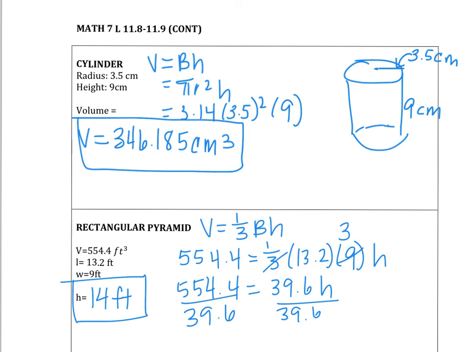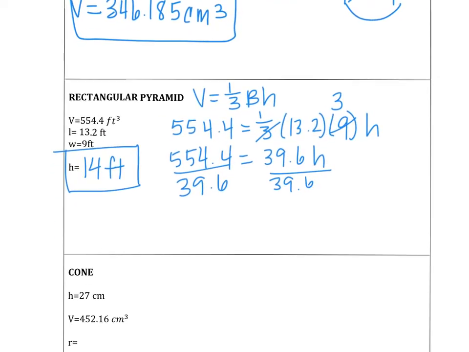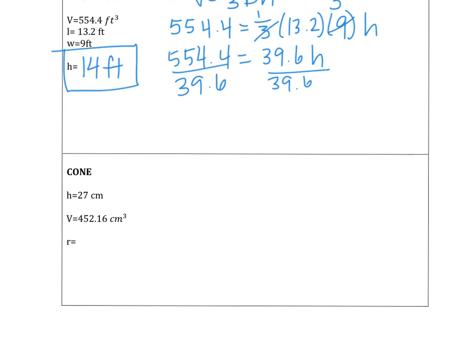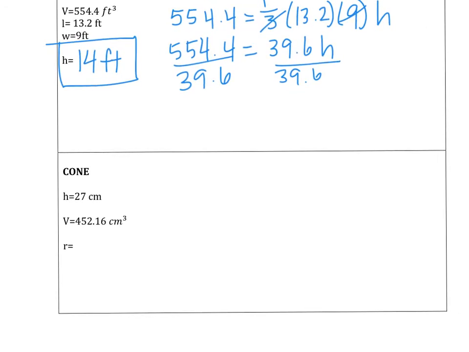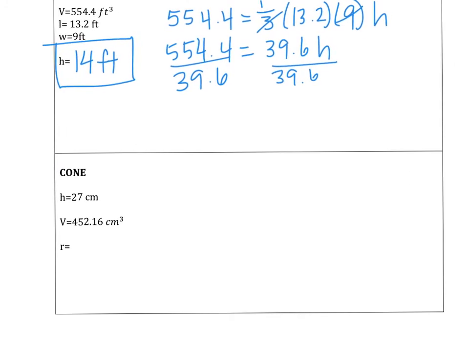Okay, and our last one, we're going to take a cone. We're given the height, we're given the volume, and we want to find the radius. So again, we just write down our formula. Volume equals 1/3 the area of the base times the height. The base of a cone is going to be a circle, so that's pi r squared times the height.